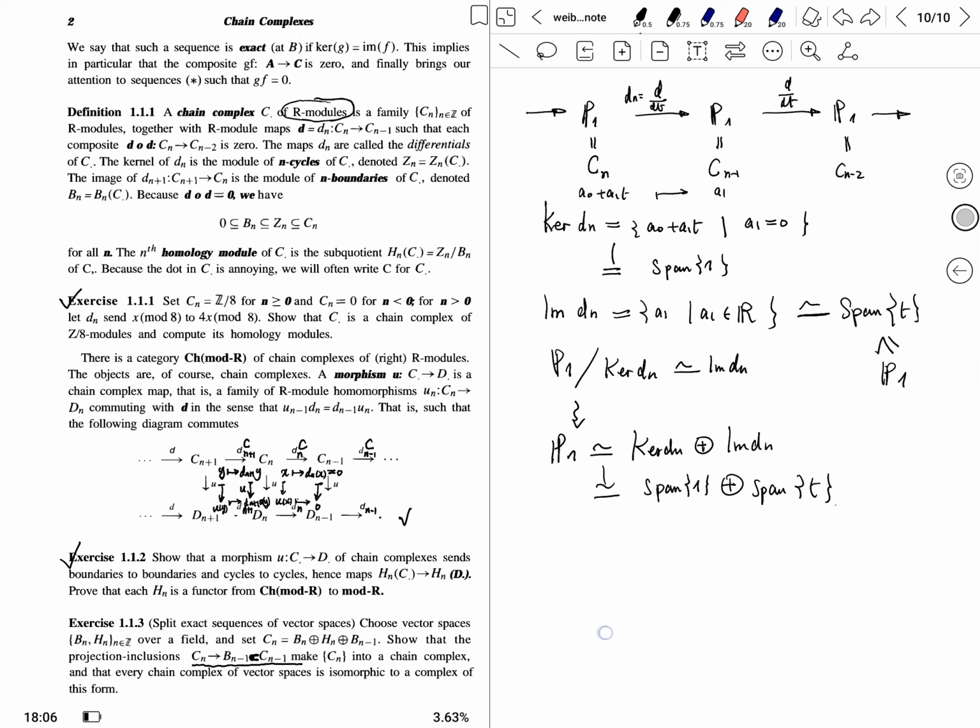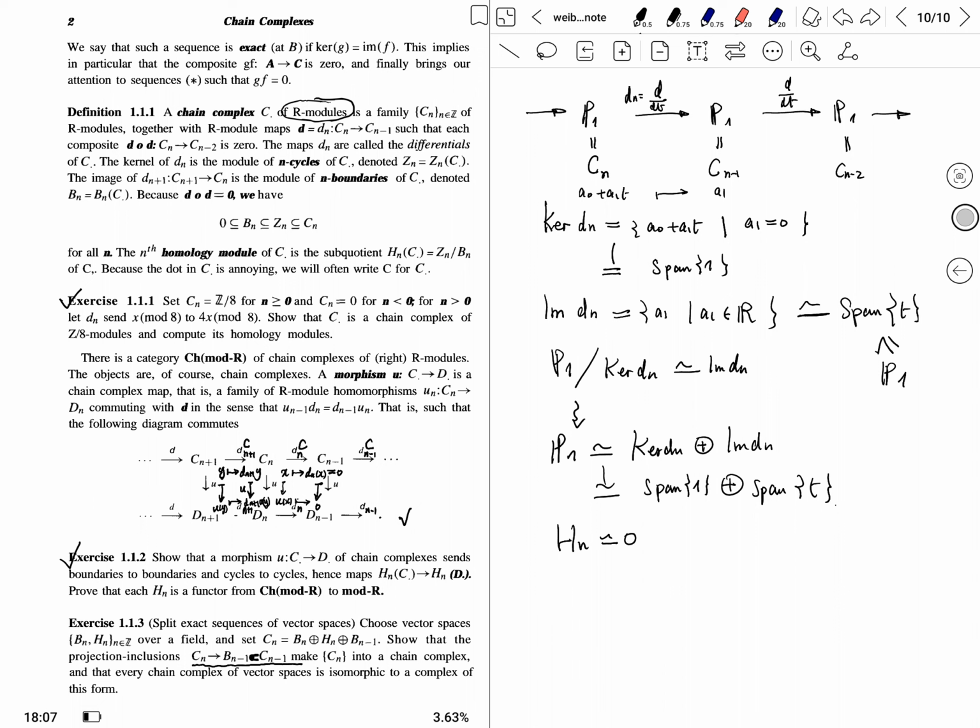And in this example, the Hn are all isomorphic to 0, right? Because each kernel Dn equals image Dn plus 1, isomorphic Dn plus 1.